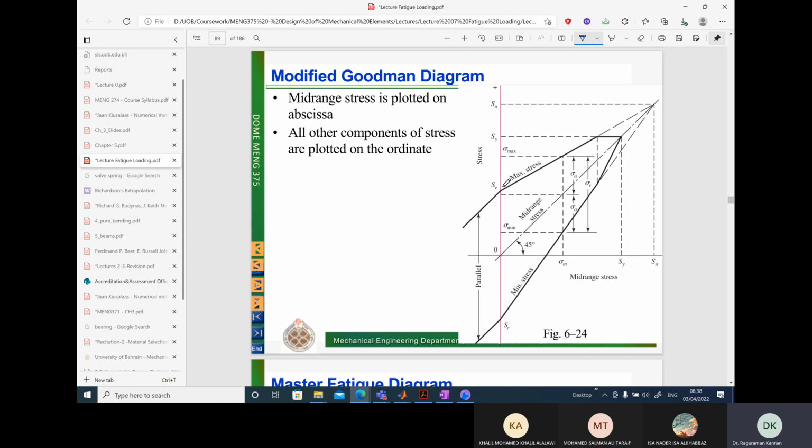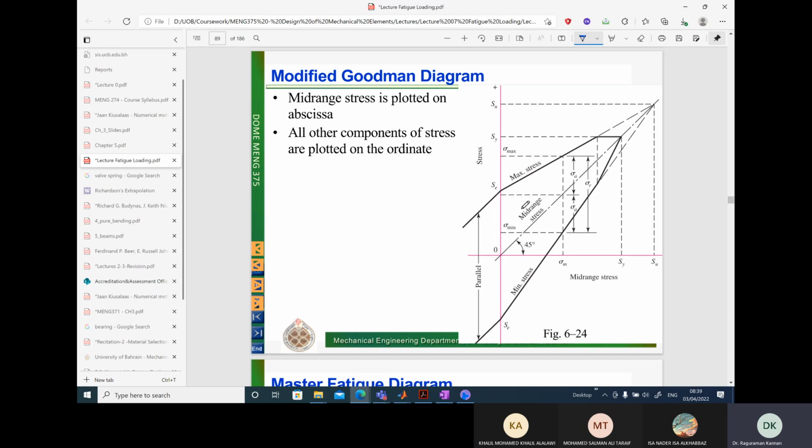The failure envelope is obtained by joining the endurance strength on the y-axis with the ultimate tensile strength point here. So on both the y-axis and x-axis, we join a line from Se in the positive axis and Se in the negative axis straight to this intersecting point, and we can generally say that failure doesn't take place if we are within this limit. Fatigue failure takes place if we are outside this limit.